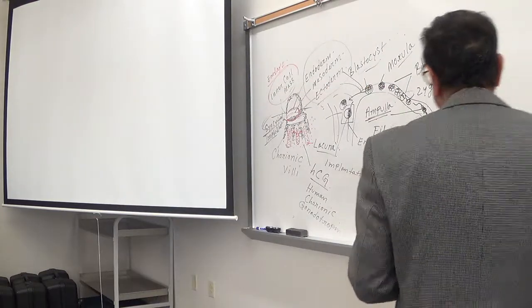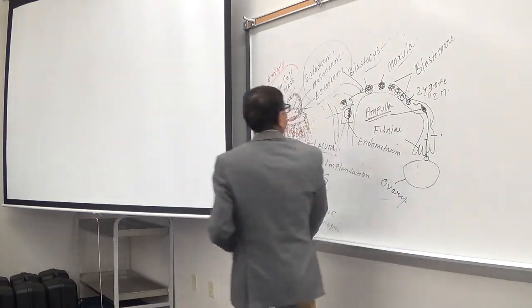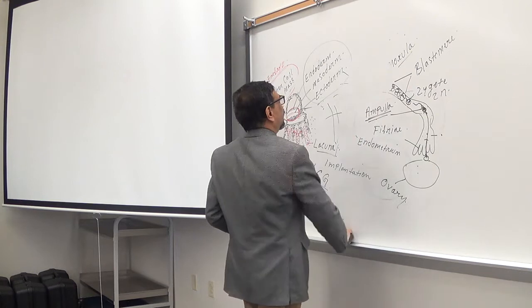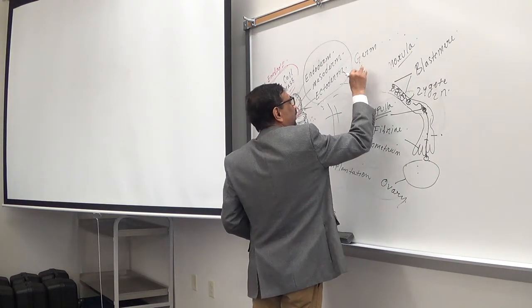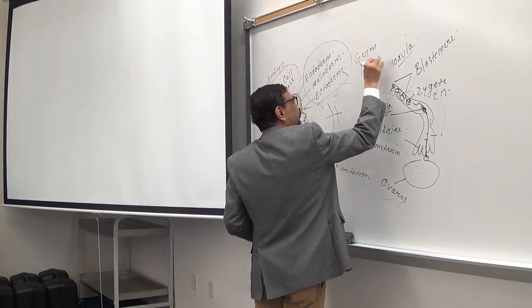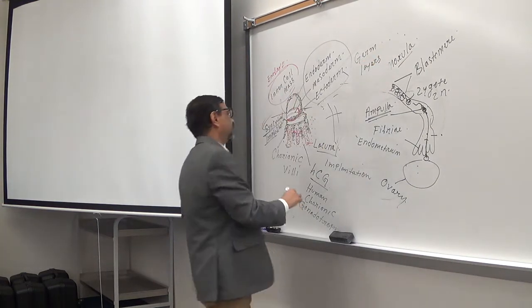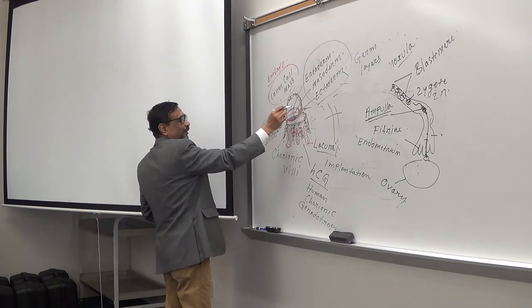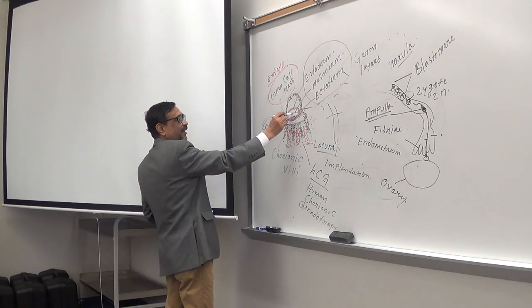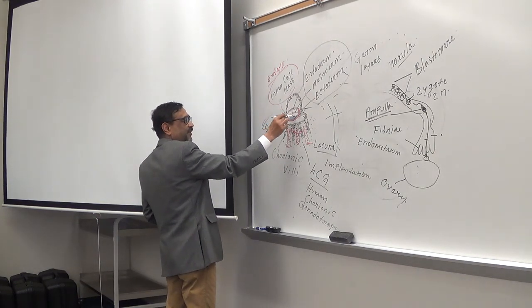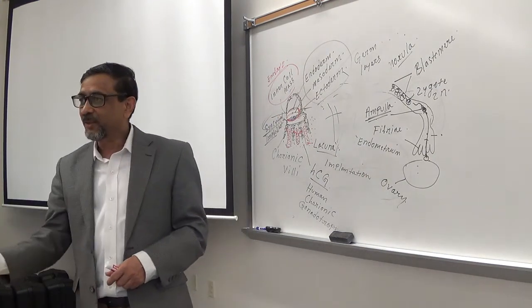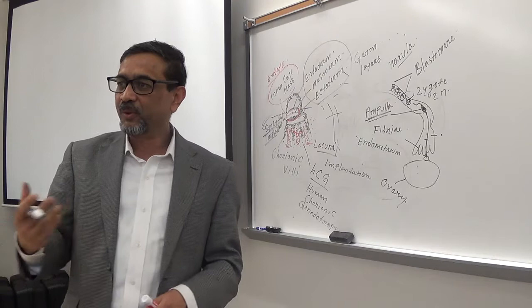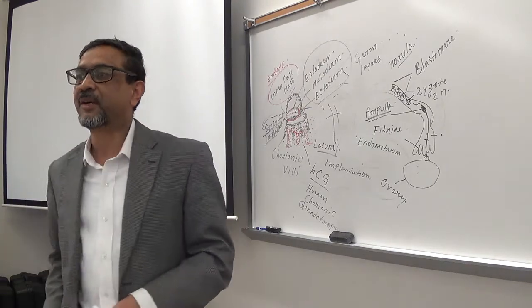And those three layers are called the germ layers. And these are all stem cells, right? The inner cell mass and all three layers are stem cells. In stem cell research, in embryonic tissue, stem cells are collected from there.